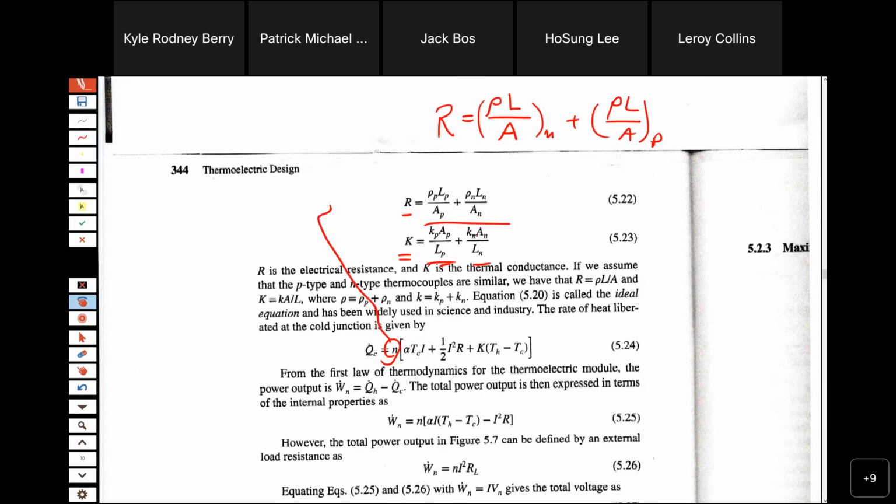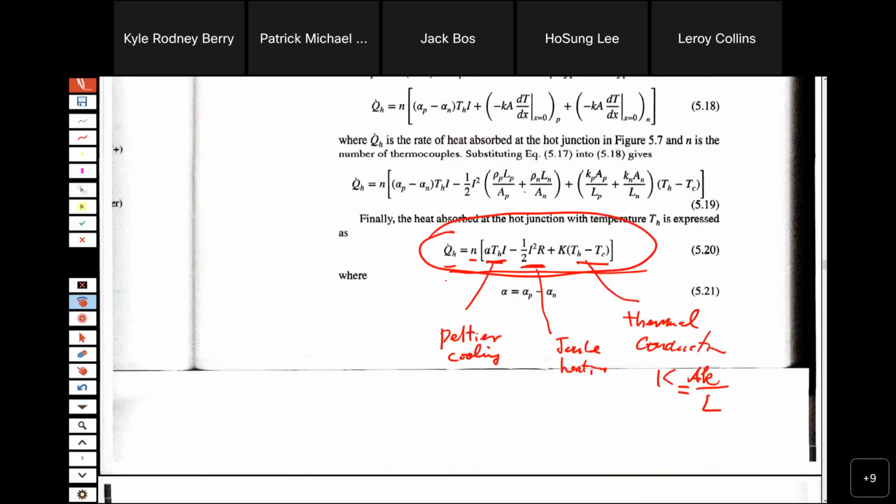Each couple has an N-type and a P-type. So keep in mind, N is the number of couples, and R takes care of N-type, P-type, K N-type, P-type. A is AP minus AN, so that is the couple. So this is a couple, and N is the number of couples, must be total.